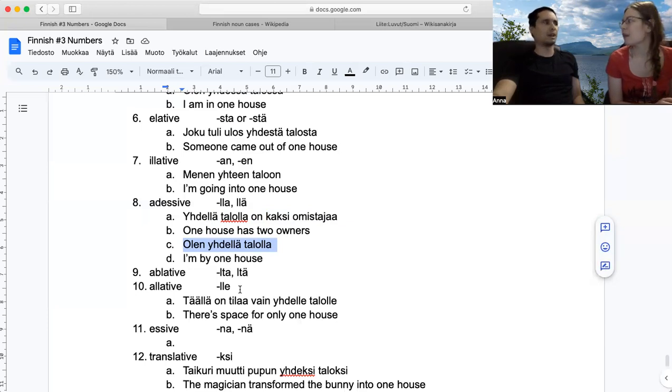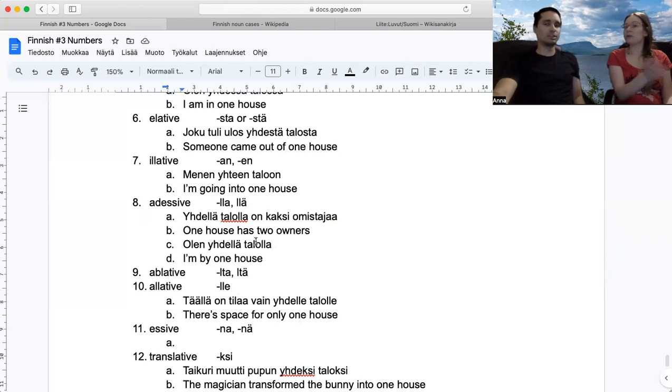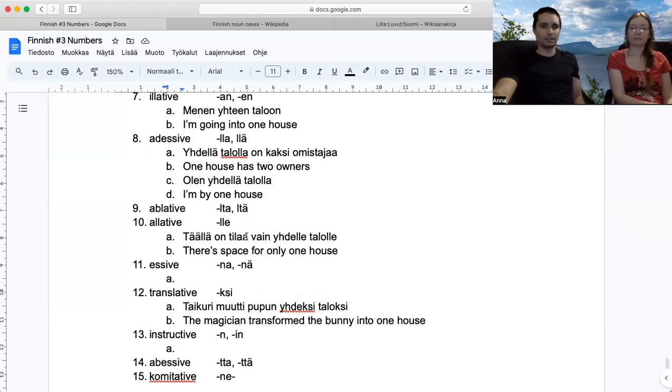Yeah, on a surface or by, if it's a river or a building or something like that. But yeah, this is the by meaning that we've got. But if mä olen terassilla, I'm on the terrace. Or something is on the table. Yeah. Pöydällä, on the table.